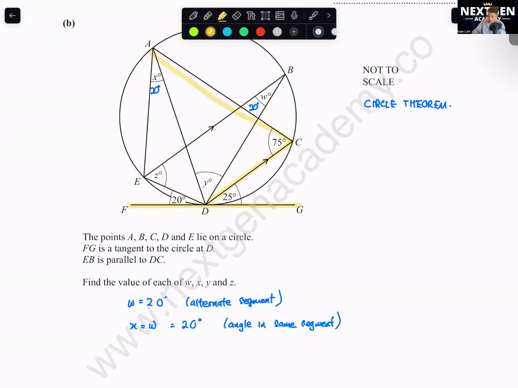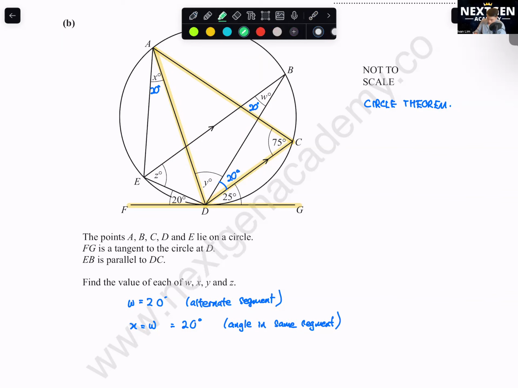How I see it, maybe some of you got different methods. This angle and this angle here are the same. And then because these two are parallel lines, here is also 20 degrees. So I write here 20 degrees first.